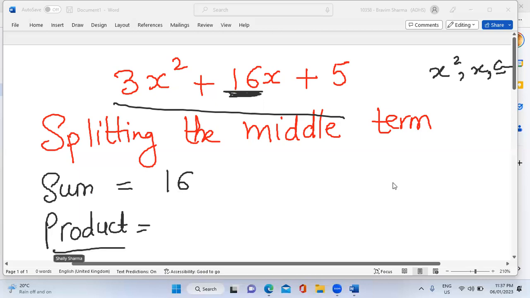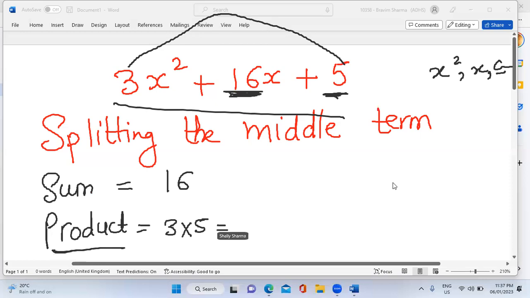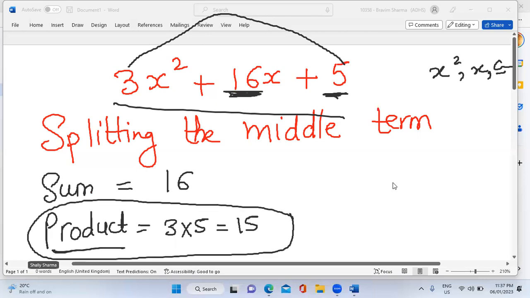And the product will not be just this 5, rather it will be the multiplication of 3 and 5 together, so this is 15. This is a very important difference between the normal factorization of x squared plus bx plus c form and the ax squared plus bx plus c form.